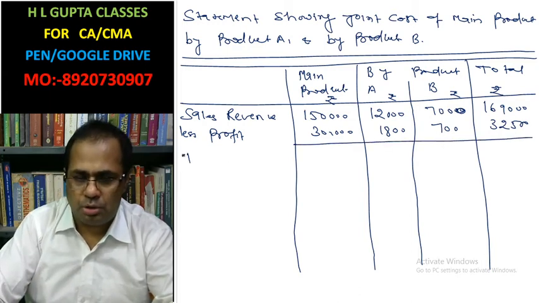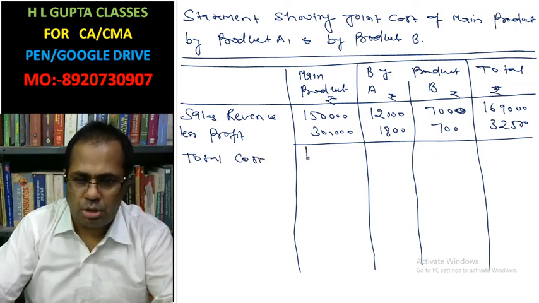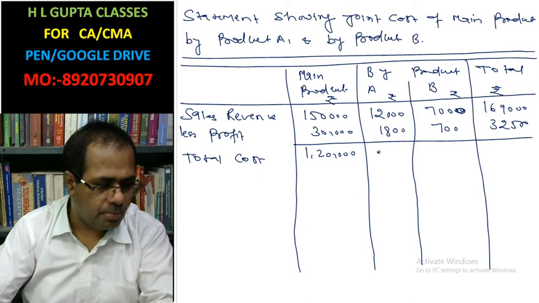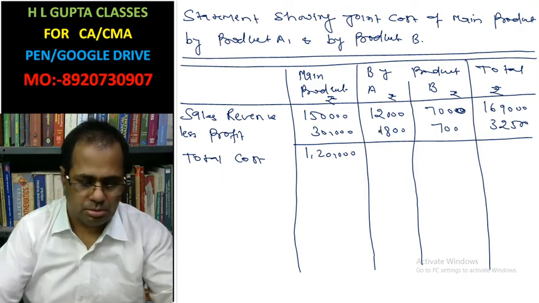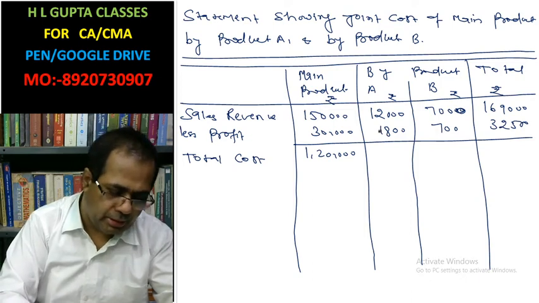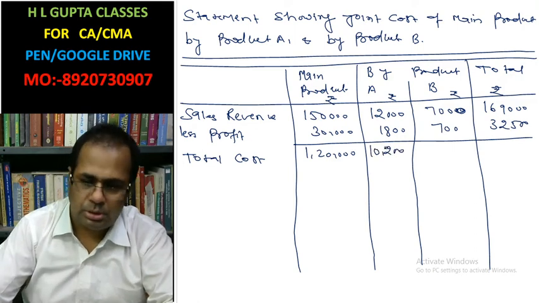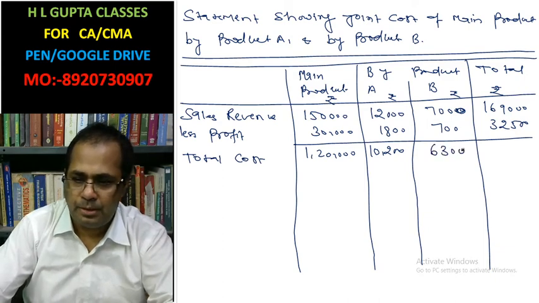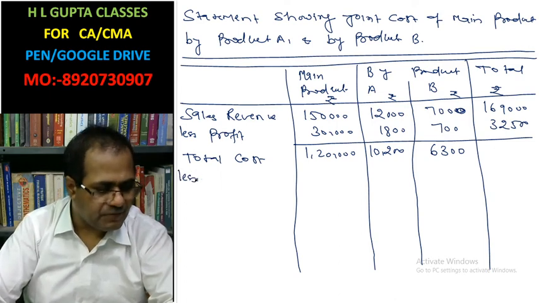Thereafter calculate total cost. Total cost in this case is 1,20,000, 12,000 minus 1,800 is 10,200, and this is 6,300. Less separation cost.